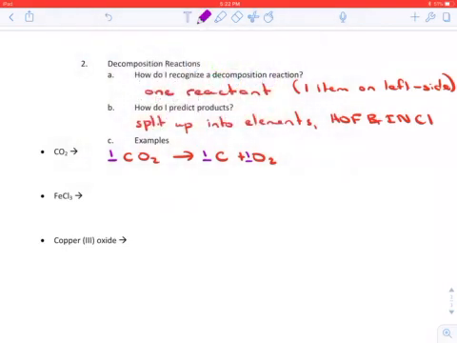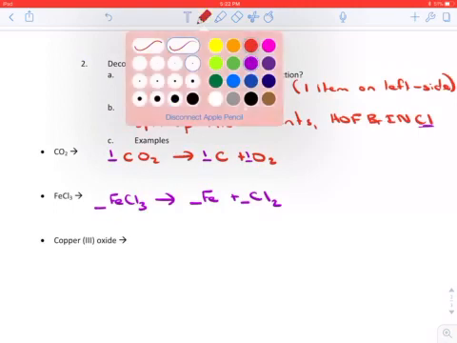The next one we know is a decomposition because we have one reactant. So we have FeCl3, arrow. We're going to break it into its elements. One of them is Fe. One of them is Cl. Oh, look, Cl is a Hofbrinkel, so we need a 2 there. And now we must go back and balance.